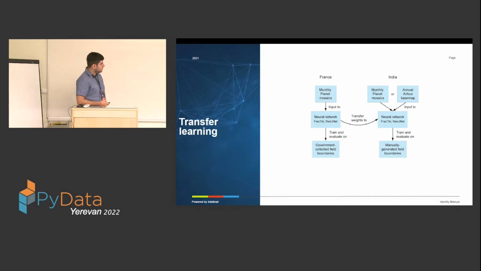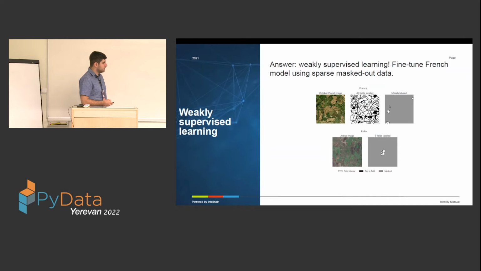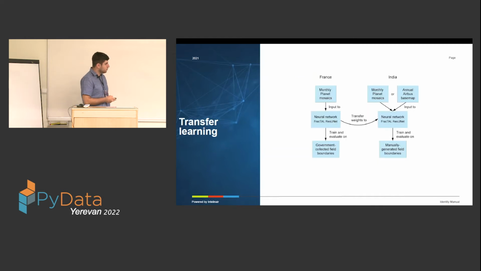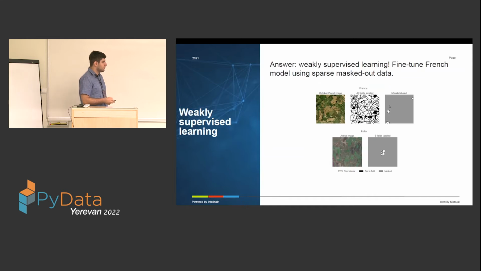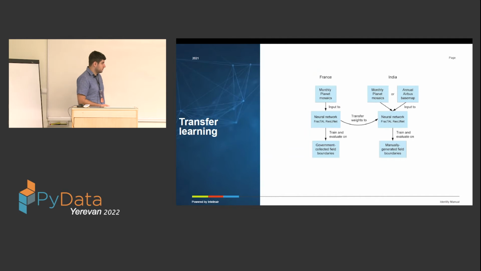And they transfer the weights of the French model to the Indian model, and then they train on these masked inputs on the Indian data. So they train on densely annotated French data, they transfer the weights to a different model and fine-tune that model basically using weakly supervised learning with masked Indian data. So that's the approach they use.